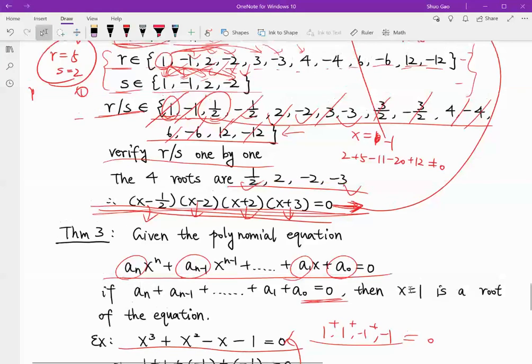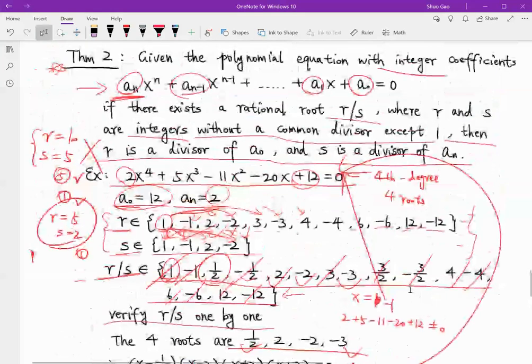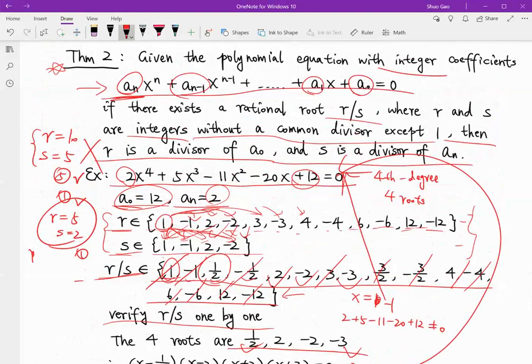But more generally, we use theorem 2 to solve the equation, because the form of the function in theorem 2 is more general. The coefficient here, an, is not necessarily 1. And the root here is a rational root.